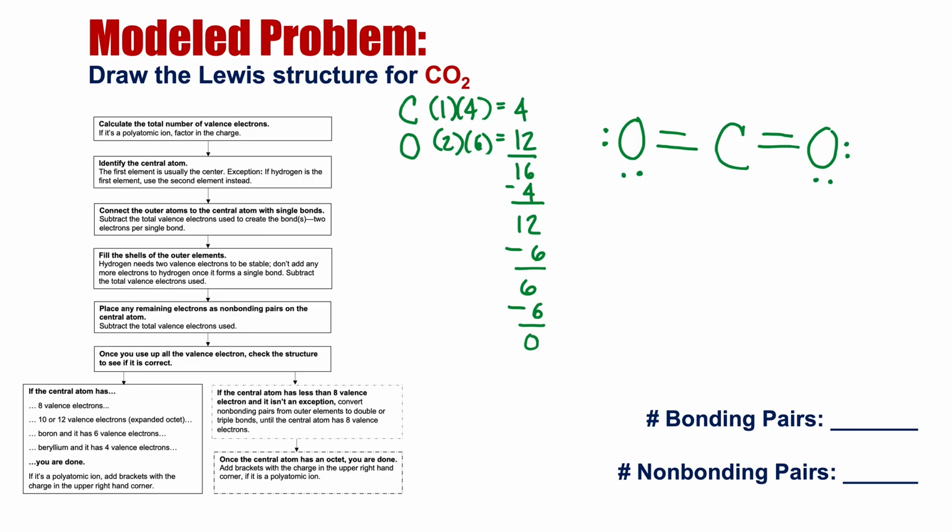Now when I check carbon, it has 2, 4, 6, 8 valence electrons. It's happy, it's stable. There's 4 bonding pairs, 4 non-bonding pairs. 8 times 2 gives me a total of 16, which is what I initially wanted in the final Lewis structure.